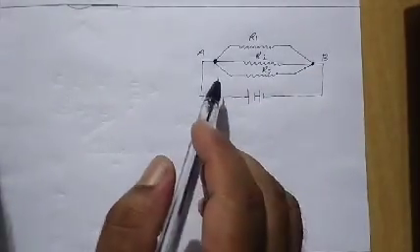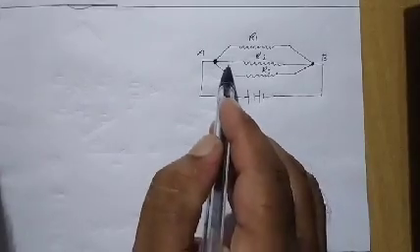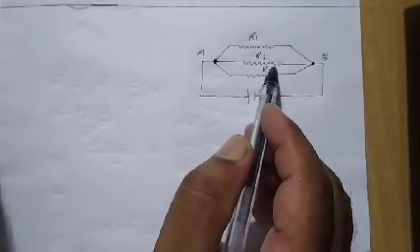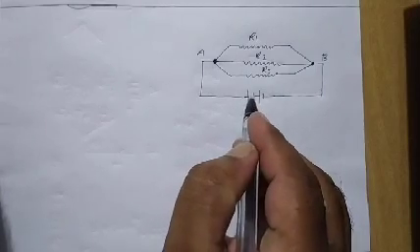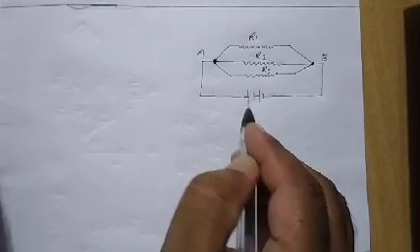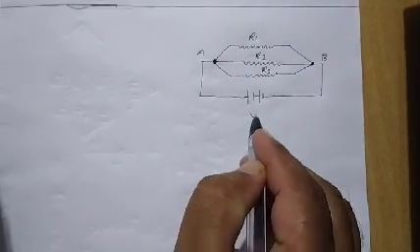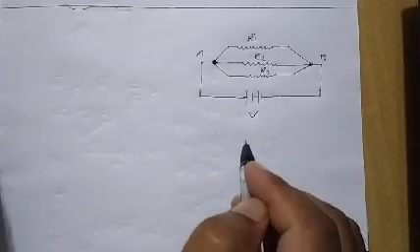The potential difference remains the same across all the resistors. So when we apply the potential difference, say V is the applied potential difference across the combination.